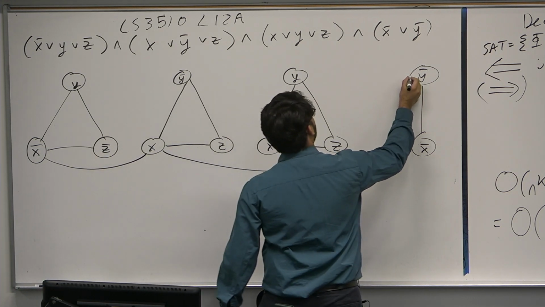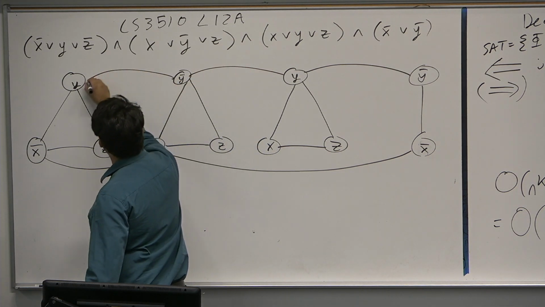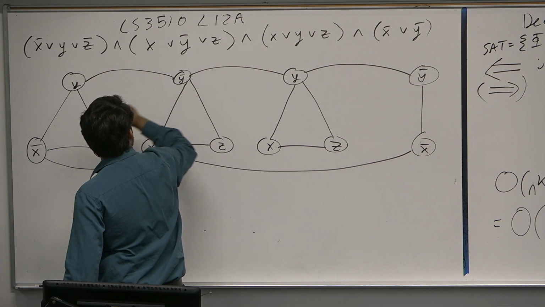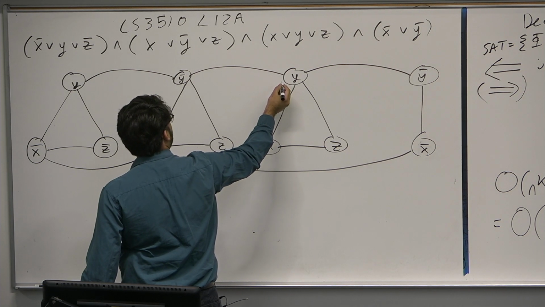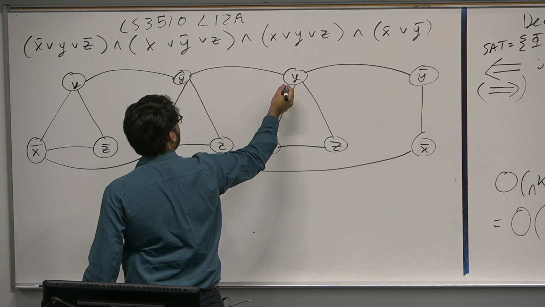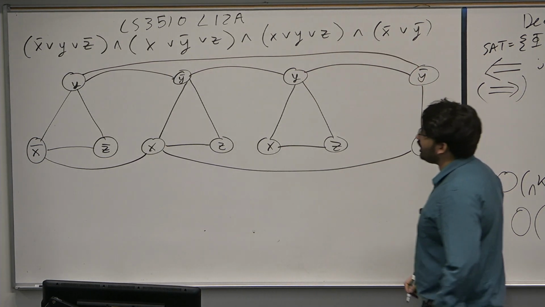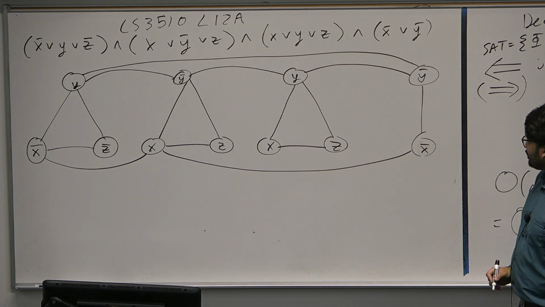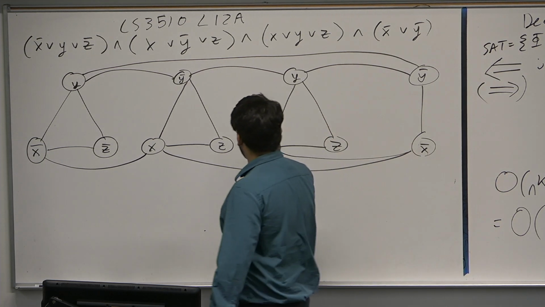Similarly for the Y's. For each Y, you connect it to each negation of Y. For each X, you connect it to each negation of X. Also, double check me if I'm missing anything.